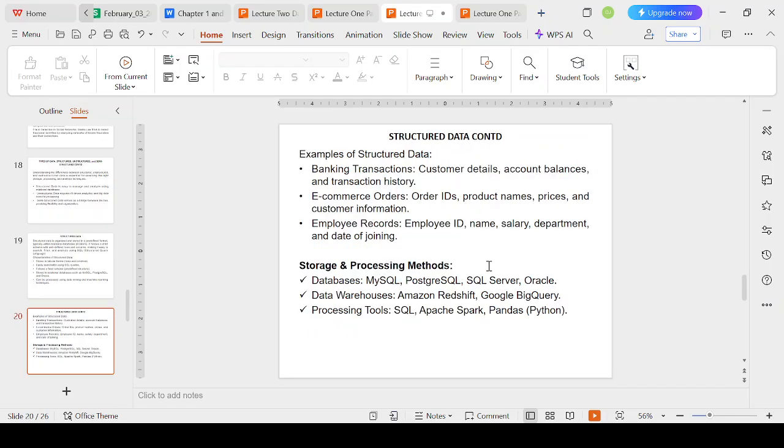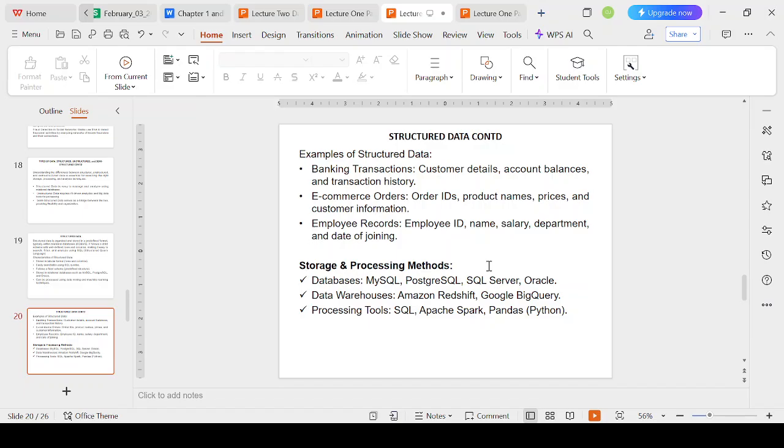Examples of structured data: banking transactions, customer details, account balances, transaction history, e-commerce orders, and other related tables in e-commerce. They are all structured data, organized in tables.